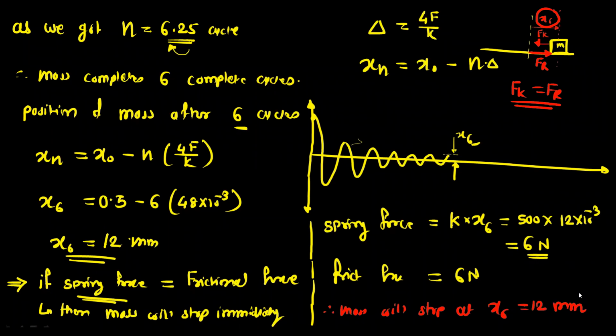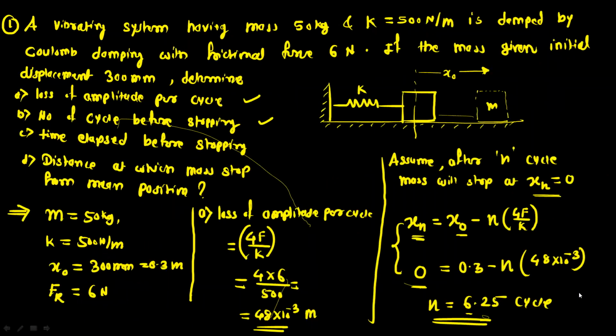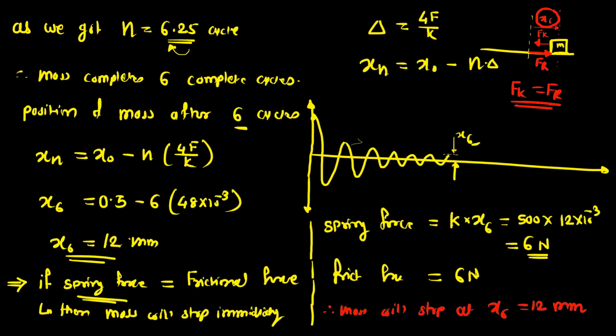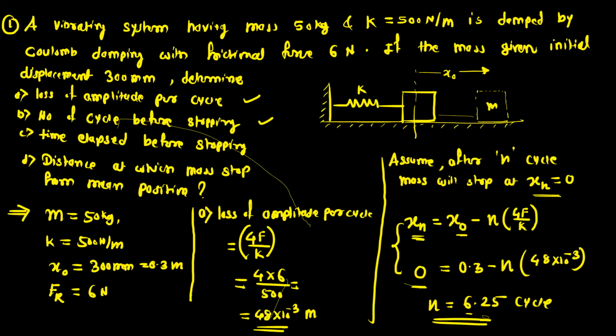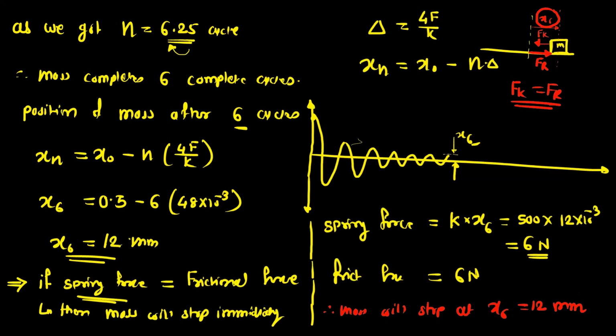Okay, so now refer to the question: distance at which the mass stops from the mean position. So this is the answer for question D. It will stop at x is equal to 12 mm. And what is the time elapsed before stopping? That means till x6, how much is the time taken?